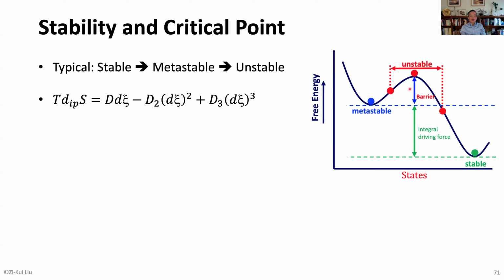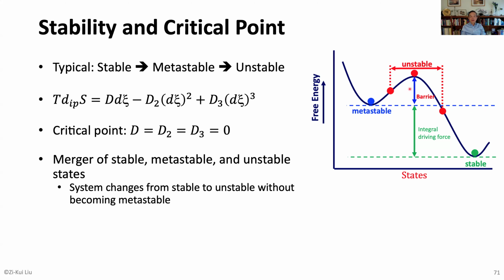We can represent this process by the derivatives I showed before, the Taylor expansion. However, there could be a point in the space of variables where all of them equal 0. That means we don't have the metastable range anymore: metastable, stable, and unstable all merge into one point.